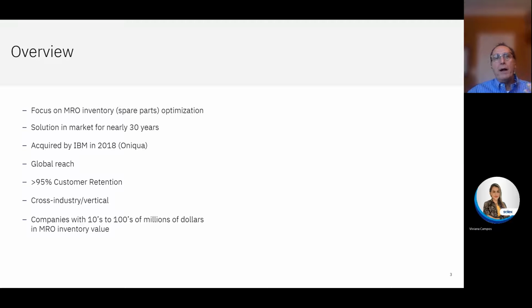So when we're talking about inventory optimization, what we're really talking about is pulling your transactional history, your issue and receipts, your bill of materials, vendor lead time information, the pricing from your ERP systems such as SAP, Oracle, or maybe an EAM system like a Maximo system.